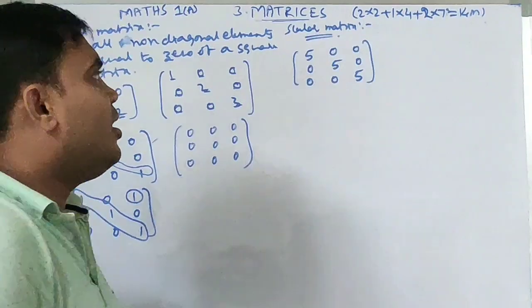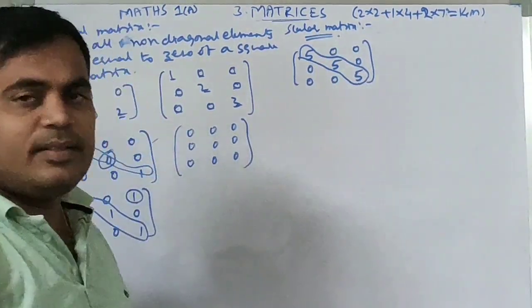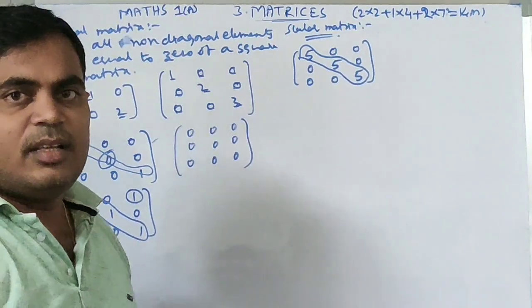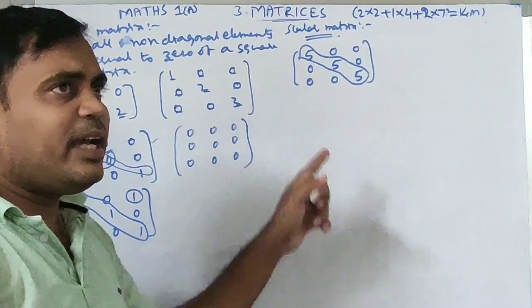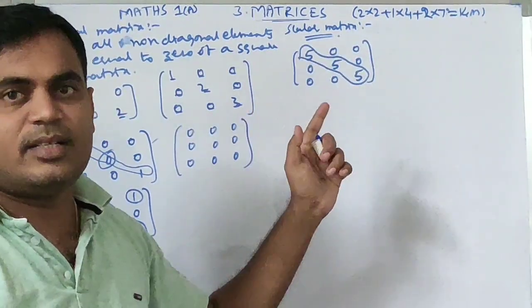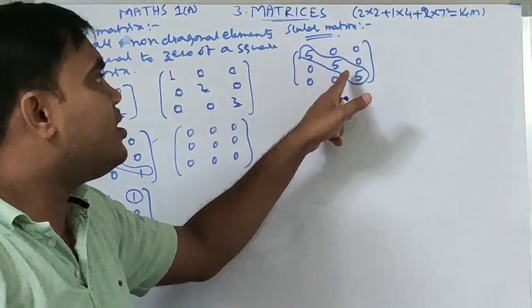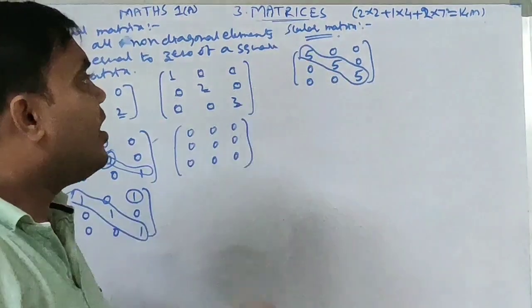All these are non-diagonal elements. So these are the diagonal. Remaining all are non-diagonal elements, and they are all equal to 0. If we observe the diagonal elements 5 5 5, all are equal to each other. Remaining non-diagonal elements are equal to 0. So it is a scalar matrix.